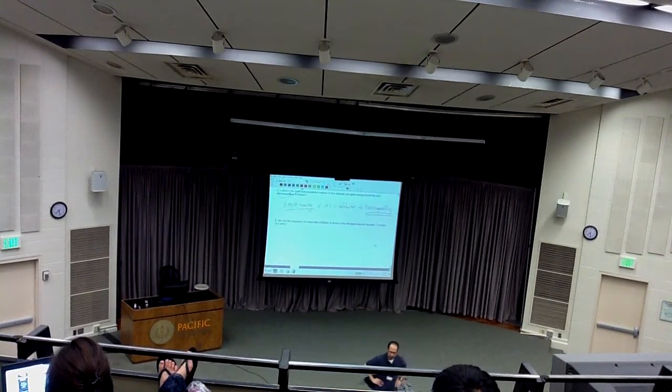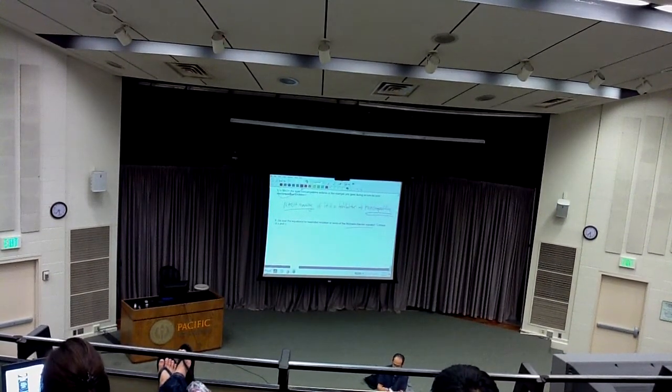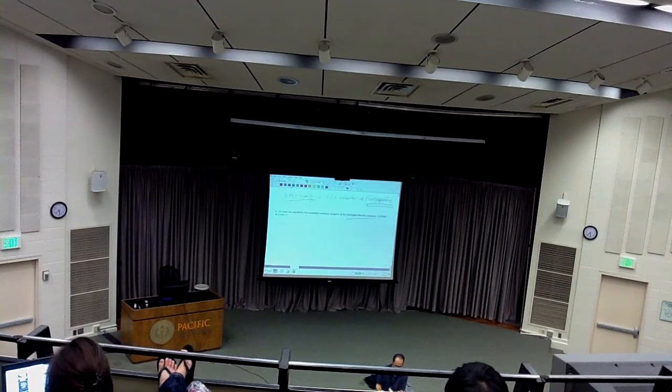All the equations for reversible inhibition in terms of the Michaelis-Menten equation, we did that, right? Those would be the equations that contain alpha and alpha prime.